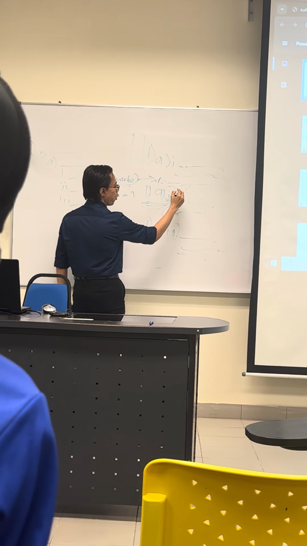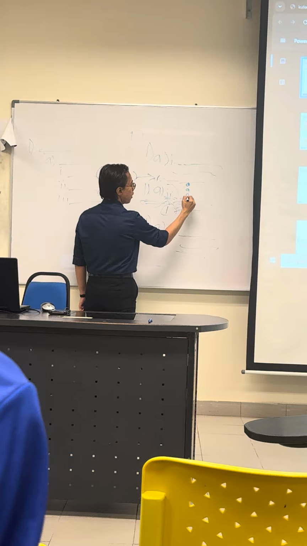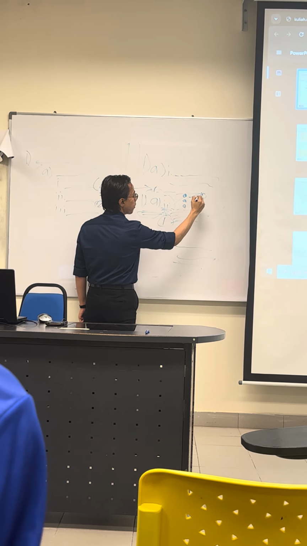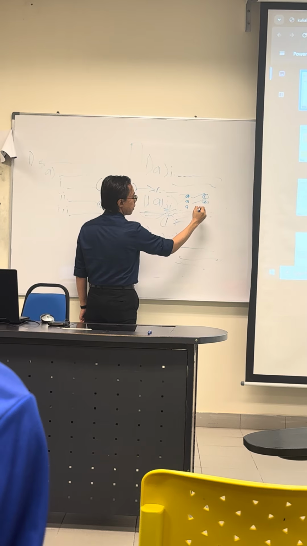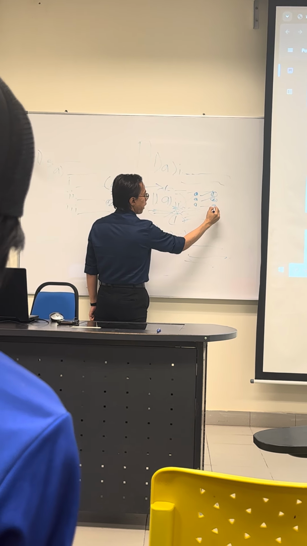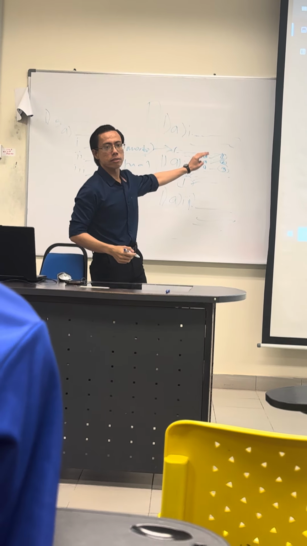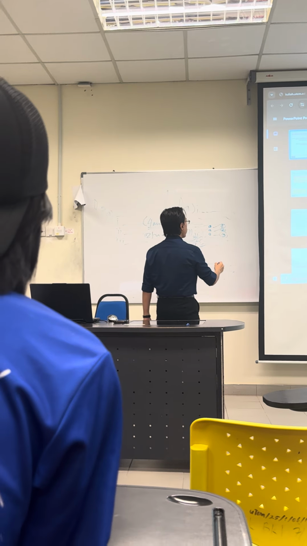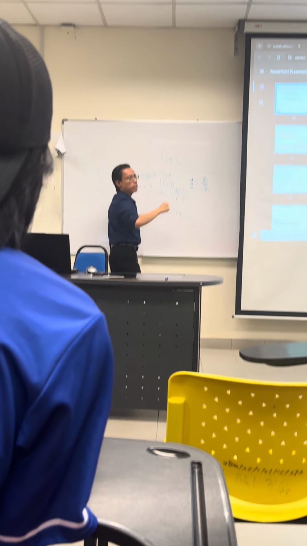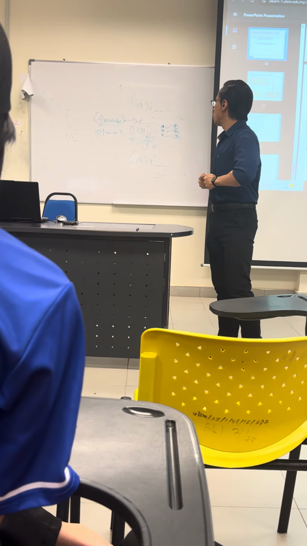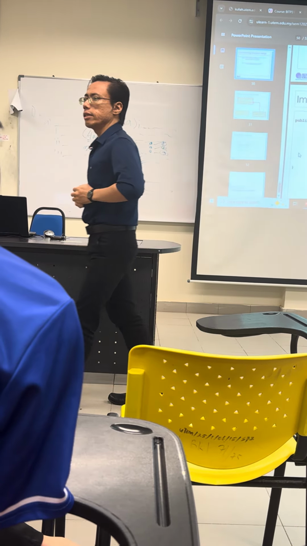Try to make points, so that I know this is point number 1, I can give 1 mark, point number 2, I can give a 2nd mark, and point number 3, I can give 3 marks. Use bullet points. Don't write everything in 1 sentence.